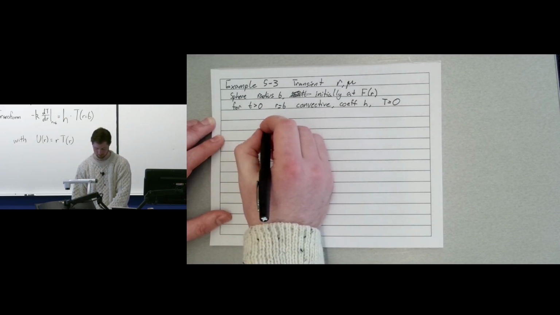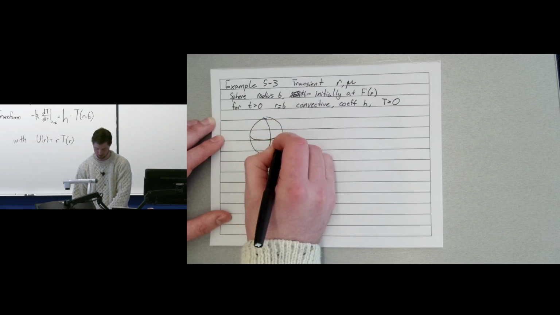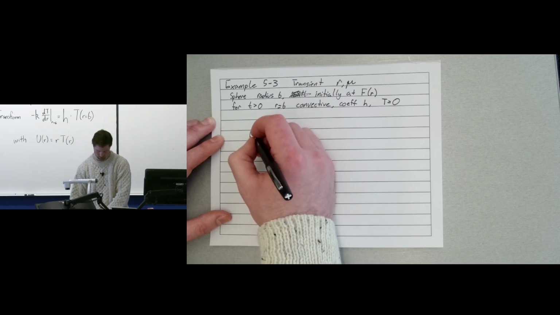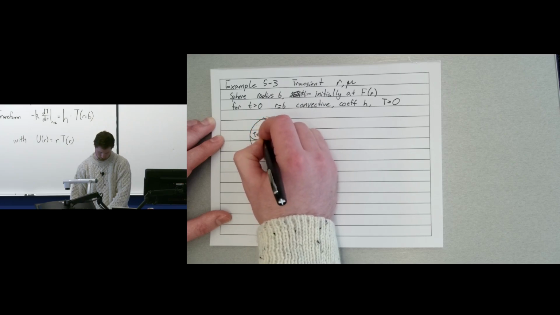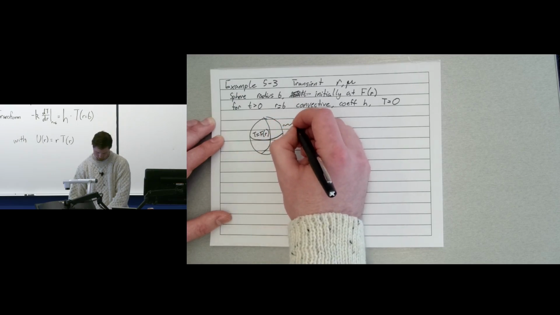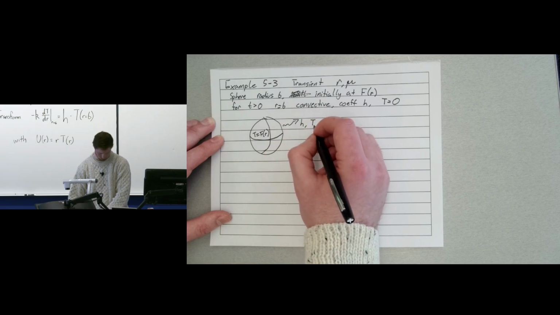Okay, so I'm going to draw this out for you, and then I want you to write our equation. So T is a function of r. And out here we've got h comma T equals 0.